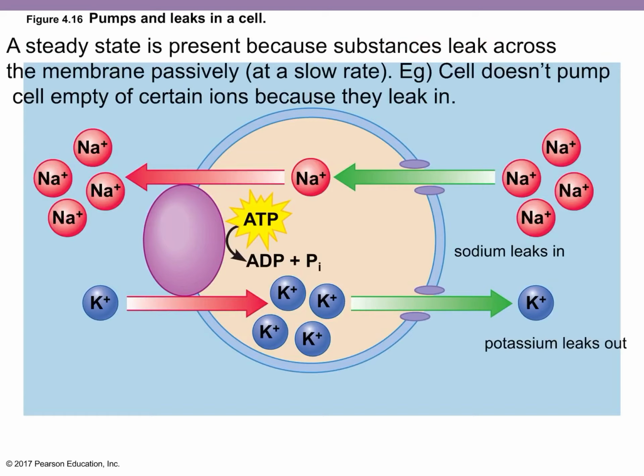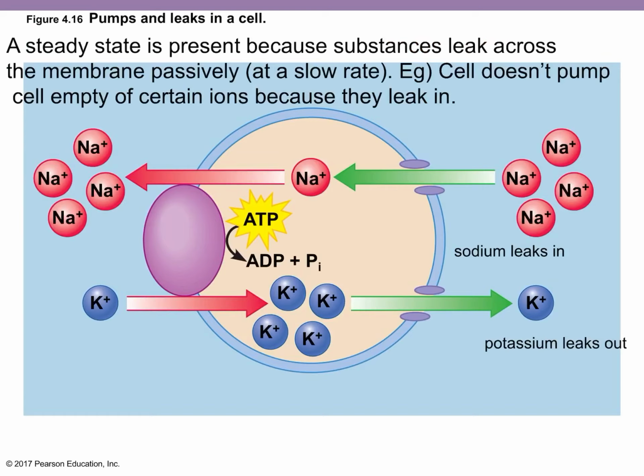Okay, so let's talk about steady state. A steady state is present because leaks across the membrane are occurring passively at a slow rate. So this is coming back to the sodium-potassium pump. I should have talked about this a little bit before. Why does the pump always work? How come the pump doesn't pump the cell completely dry of sodium and then pump all the potassium from outside in?